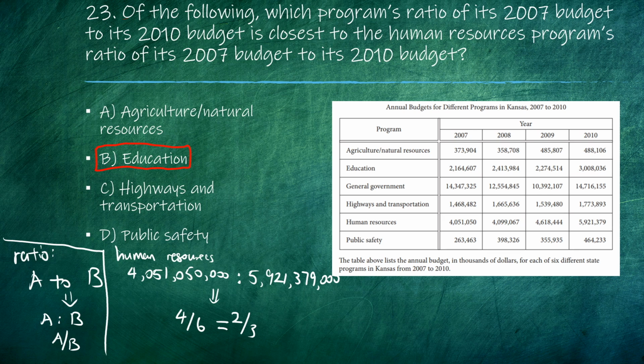So now let's look at each of these and see which of these, when we divide this number by this number, gives us closest to 2 over 3.